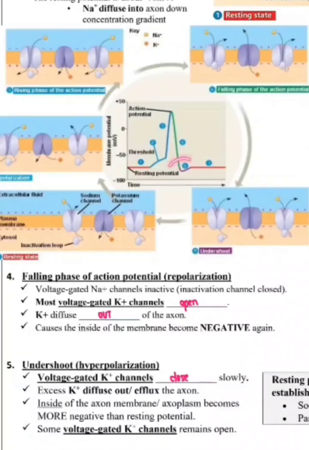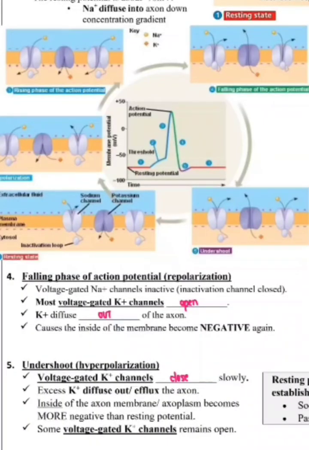Here from this graph, at stage 5, the membrane potential drops below the resting potential. This is because the voltage-gated K+ channels close slowly.